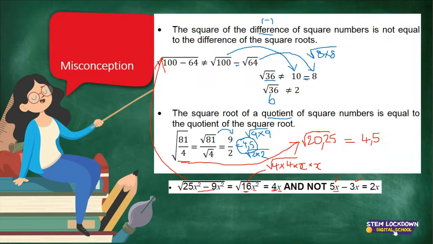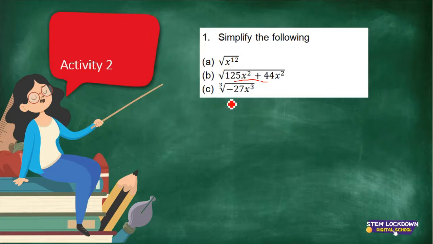So when it comes to B, 125x squared plus 44x squared. These are the same. This is like saying 1x squared plus 2x squared.